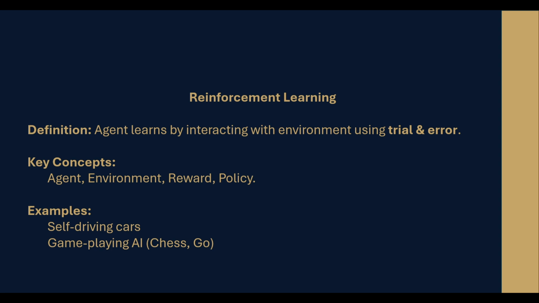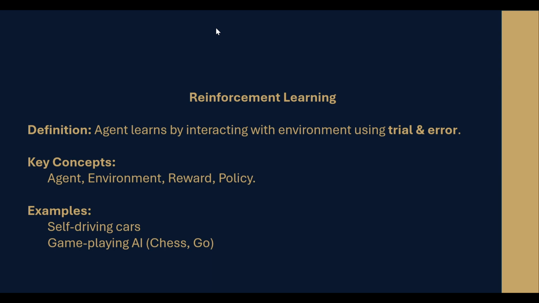Examples are self-driving cars or game playing agents like chess. In chess, when you move your piece, the chess bot plays its next move. So this can be an example of reinforcement learning.